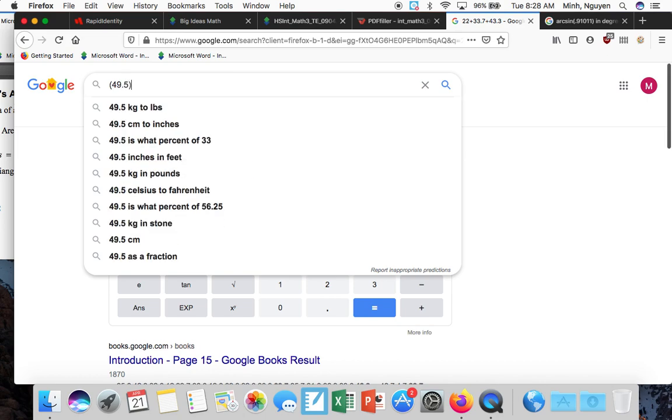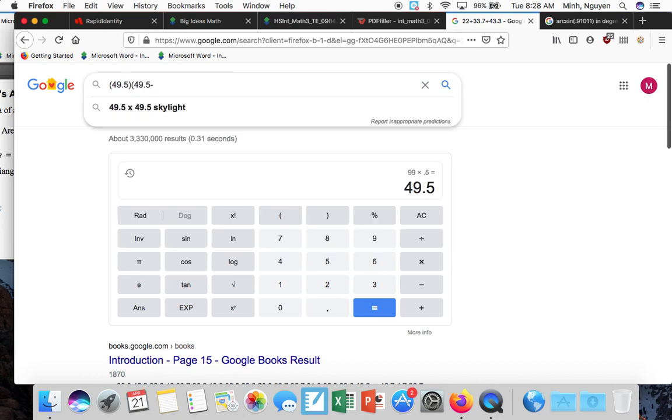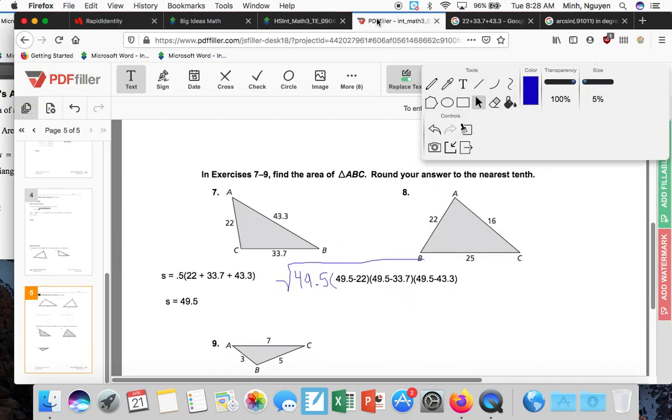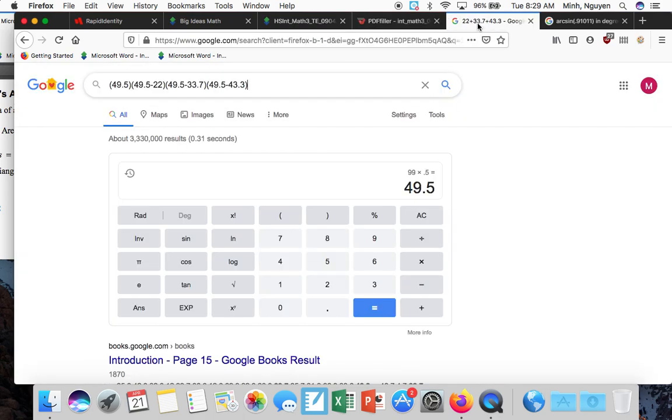So let's see if the calculator will eat all this up. 49.5 times (49.5 minus 22) times (49.5 minus 33.7) times (49.5 minus 43.3). Is that right? 43.3, 33.7, 22. Okay, cool.